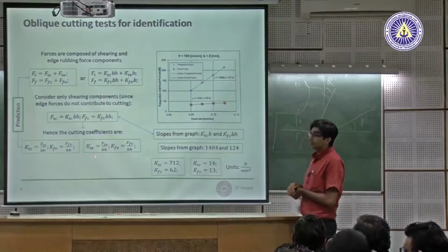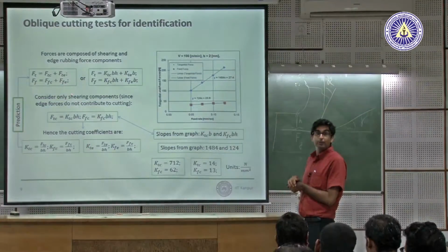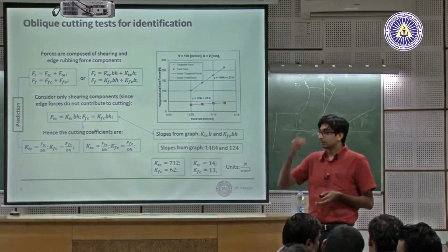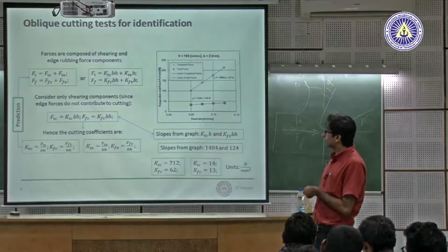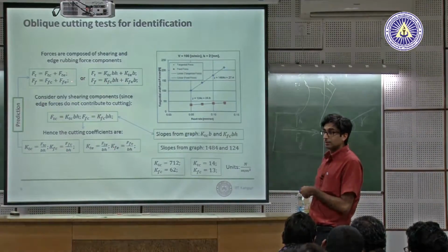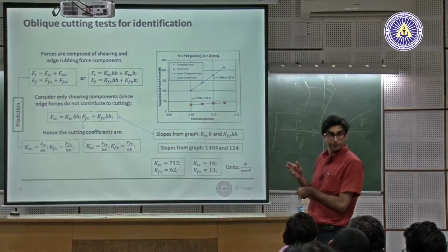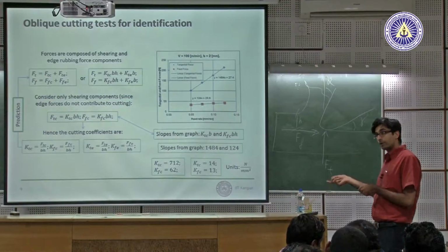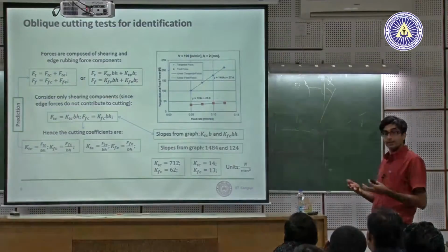once you get these coefficients, you can put them back into your force model and predict what the forces will be. So that's how you will validate. You predict forces as you change cutting parameters, feed rate, depth of cut. Carry out an experiment with the same parameters. See whether what you identify is valid.